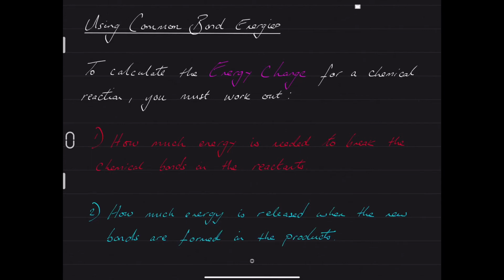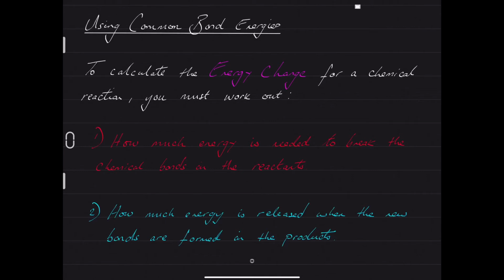So we're talking about using the bond energy values in a chemical reaction to work out the overall energy change, to work out whether it's exothermic or endothermic. So we first have to break it down into parts. The first part is how much energy is needed to break the chemical bonds in the reactants. Then the second part is how much energy is released when the new bonds are formed to make the products.